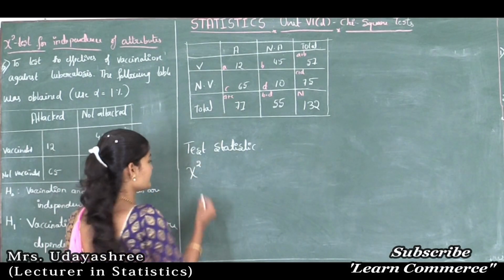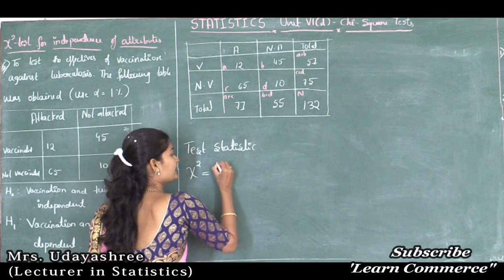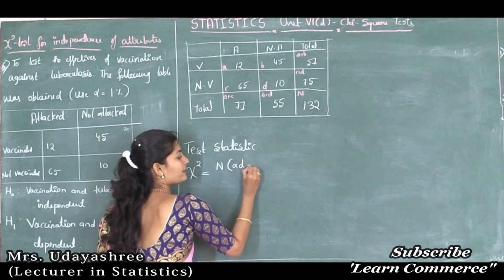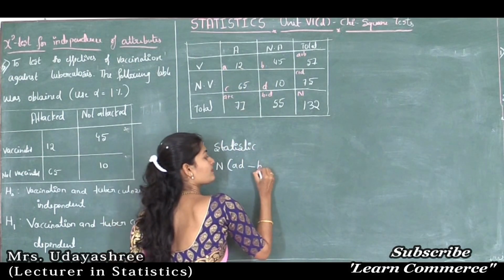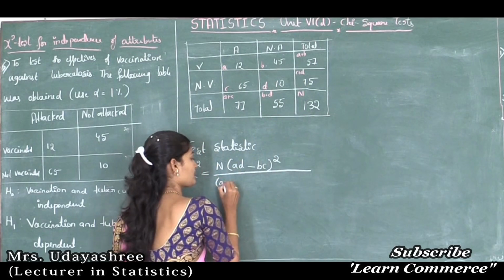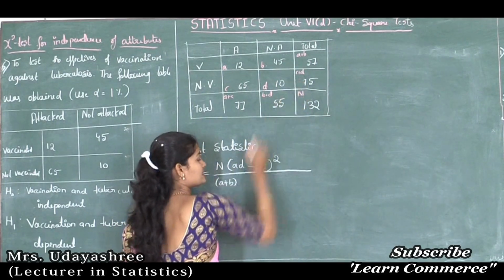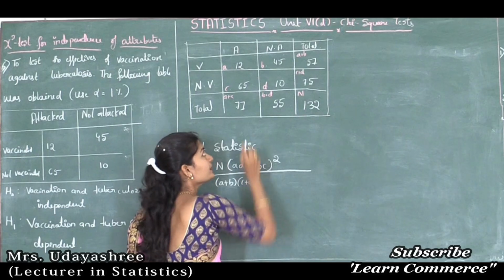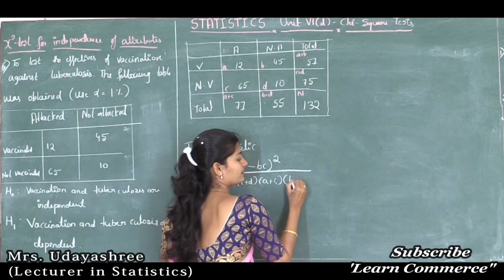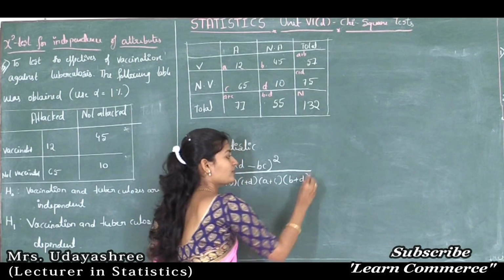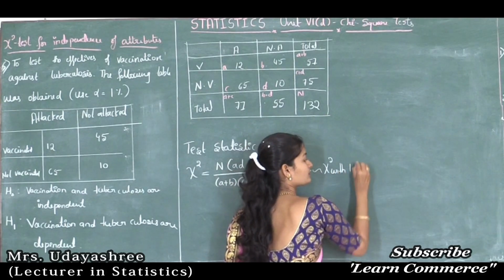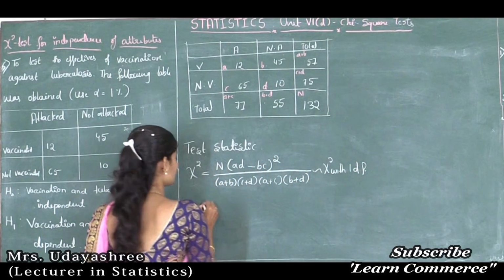The test statistic chi-square is equal to capital N into (A into D minus B into C) whole square, divided by (A plus B) into (C plus D) into (A plus C) into (B plus D), which follows chi-square with 1 degree of freedom. Now I will substitute all these values.